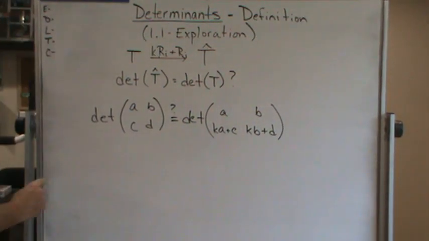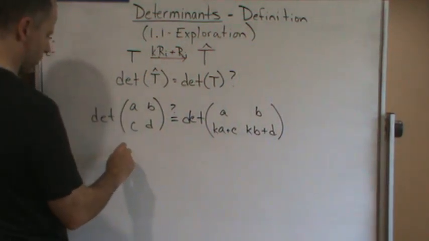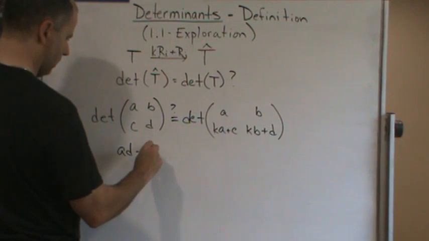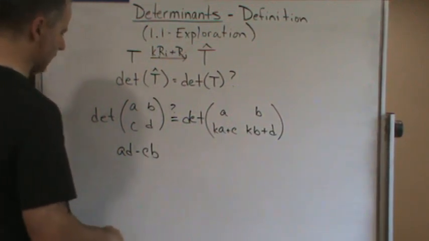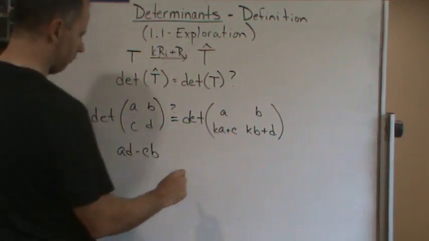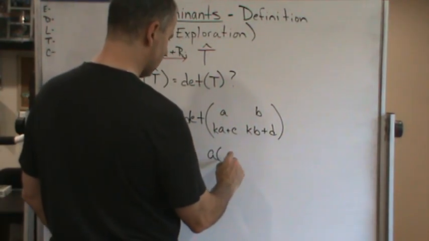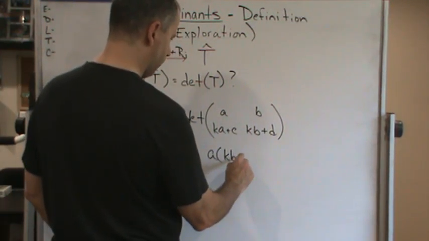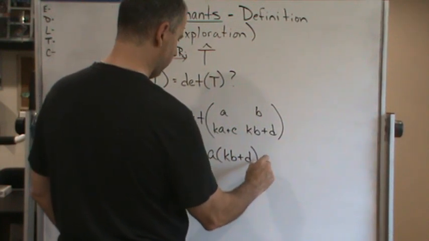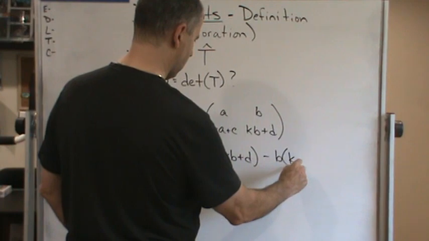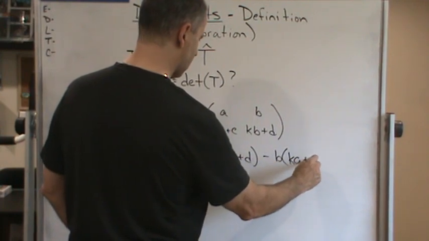Let's find out. This is going to be equal to AD minus CB. What happens here? We get A times (KB plus D) minus B times (KA plus C).